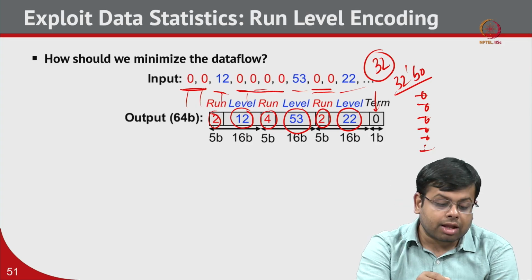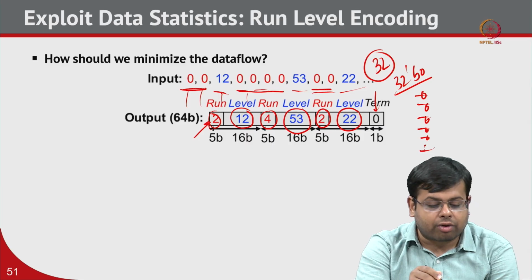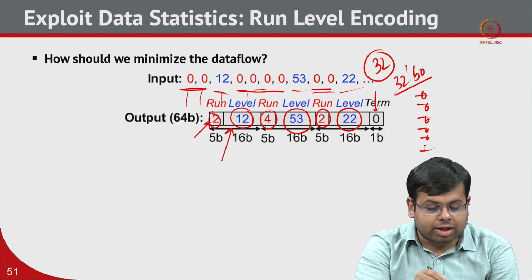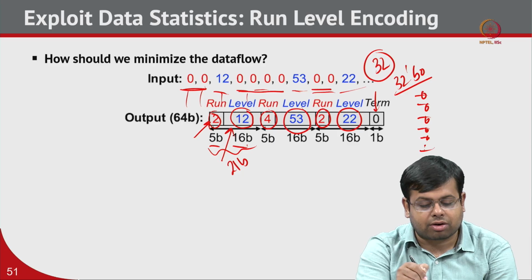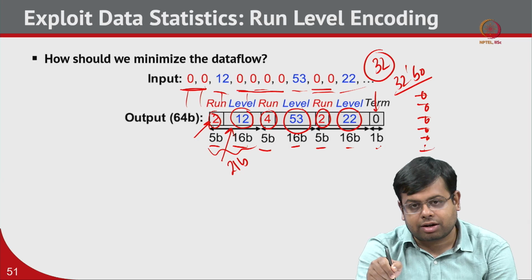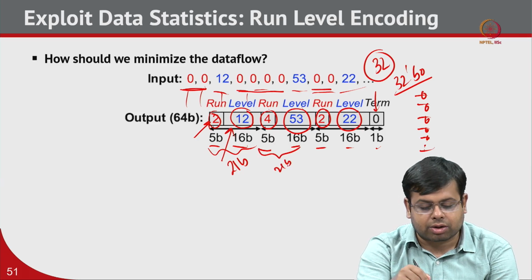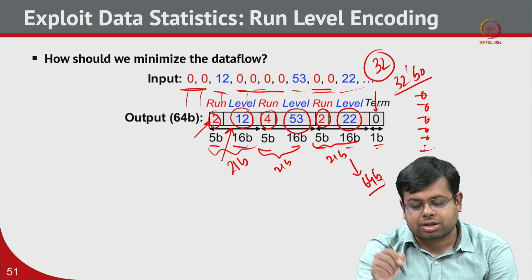Now, in the Eyeriss architecture they have put 5 bits for run and 16 bits for level. So you can see there is a slot of 21 bits, where 5 bits are for run and 16 bits are for level, and then again 5 bits, 16 bits, 5 bits, 16 bits, and finally 1 bit. So this is a chunk of 21 bits, this is another chunk of 21 bits, this is another chunk of 21 bits, and finally 1 bit. In total there are 64 bits.